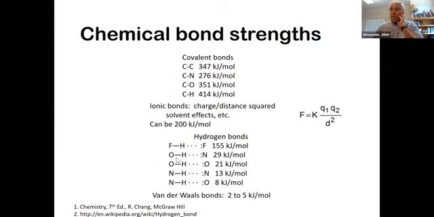So here you have oxygen, hydrogen, nitrogen, right? And here you have a strength of 29 kilojoules per mole. Here you have oxygen, hydrogen, oxygen, and a hydrogen bonding strength of 21. This is important. The oxygen here could be a hydroxyl group on cellulose or lignin or hemicellulose, right?